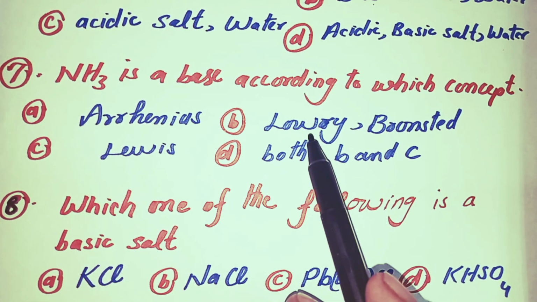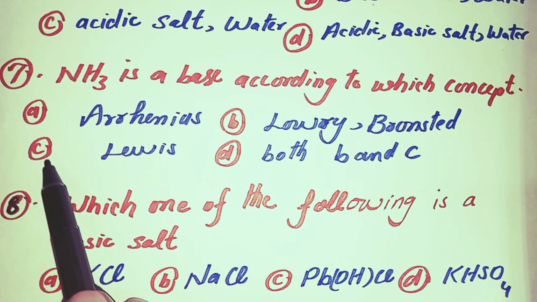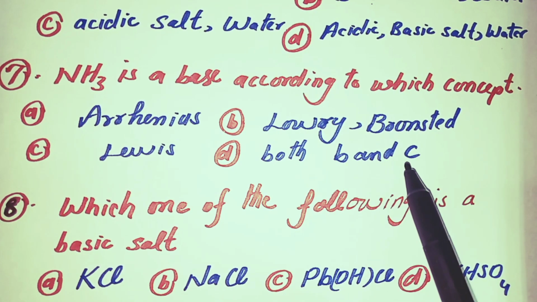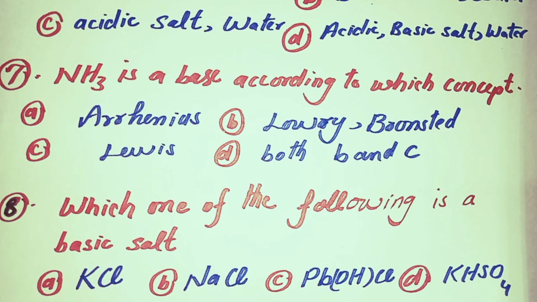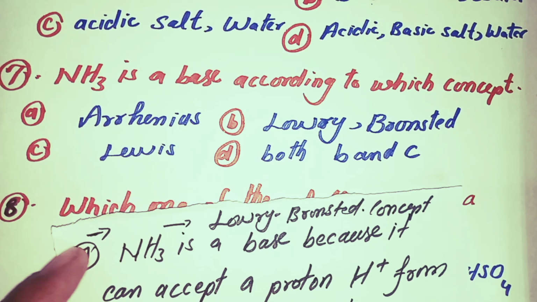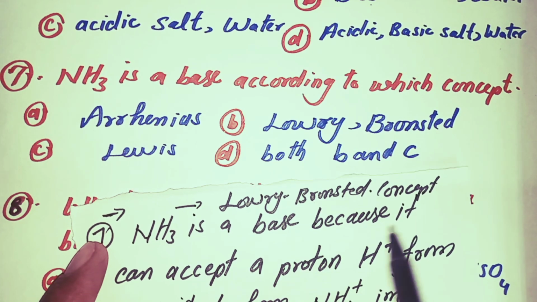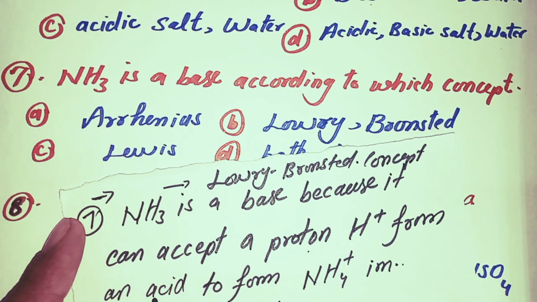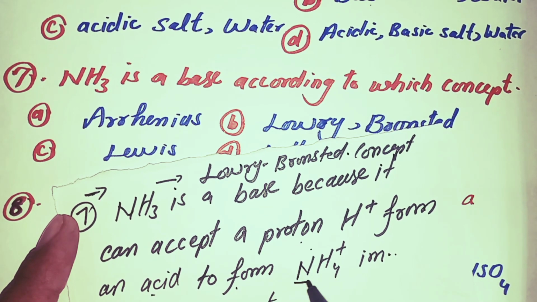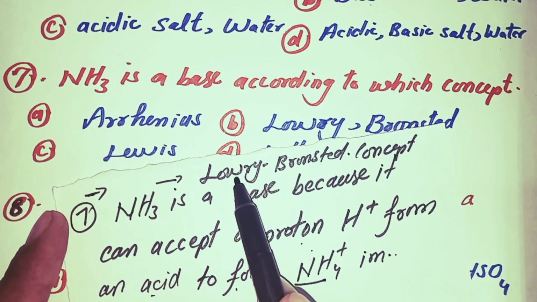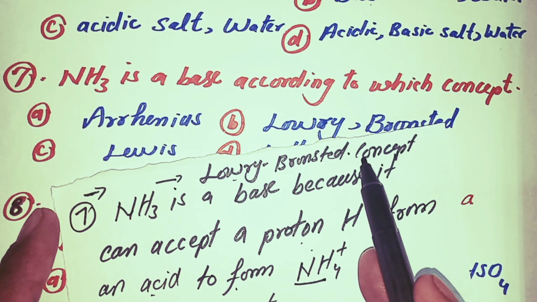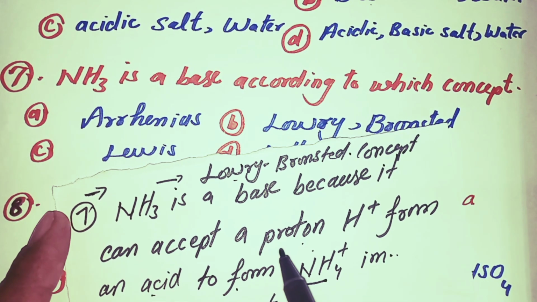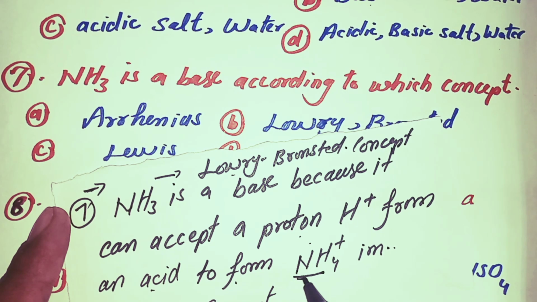Option A Arrhenius, option B Lowry-Bronsted, option C Lewis, and option D both B and C. And we know that ammonia is a base because it can accept a proton or hydrogen from an acid to form ammonium ion. And this is the Lowry-Bronsted concept. Lowry-Bronsted concept says that when a substance accepts a proton, it is a base.